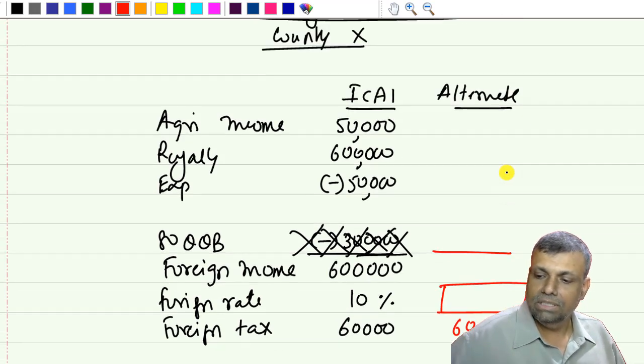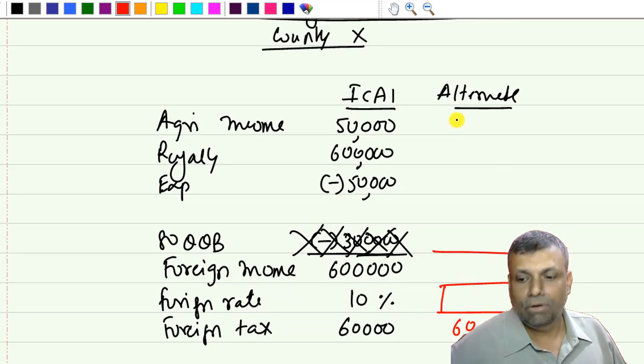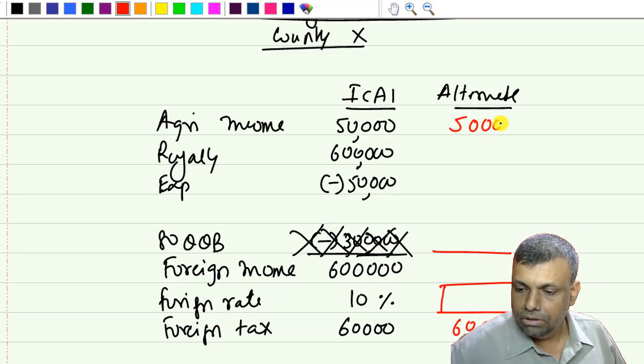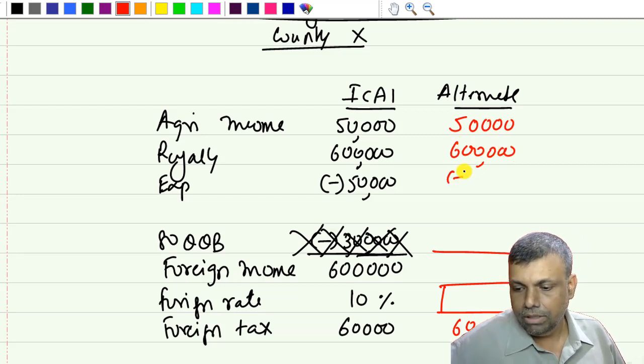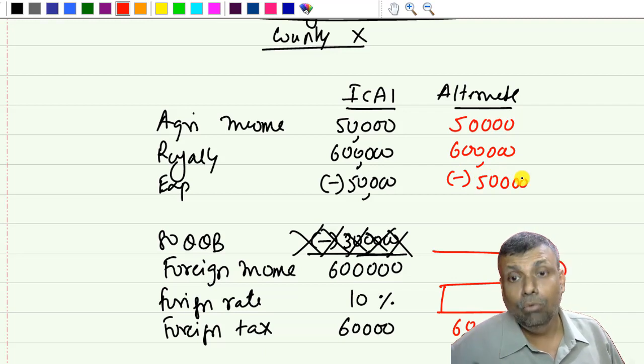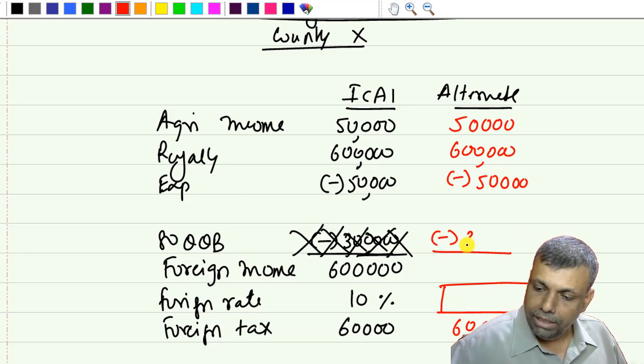The different school of thought says that, okay, we want the foreign income only. But we want, the different school of thought says that we want foreign income as per the Indian law. I repeat, we want the foreign income as per the Indian law. So Indian law has already given you a deduction of 3 lakhs.